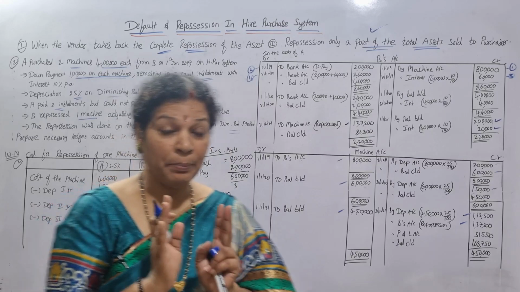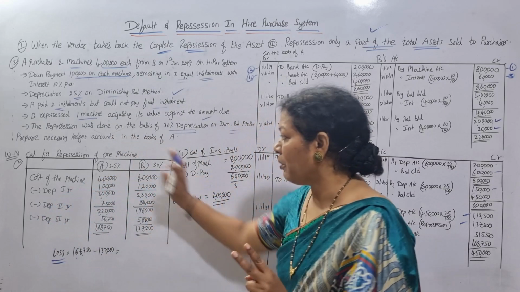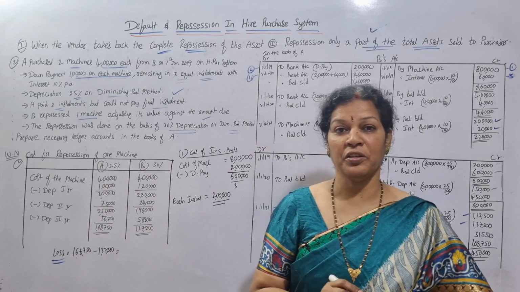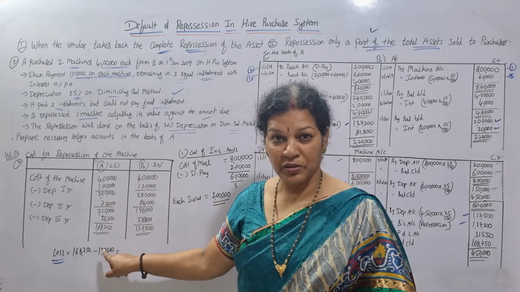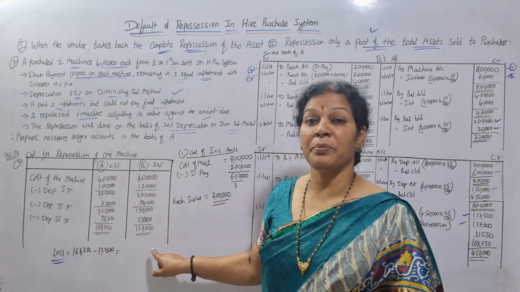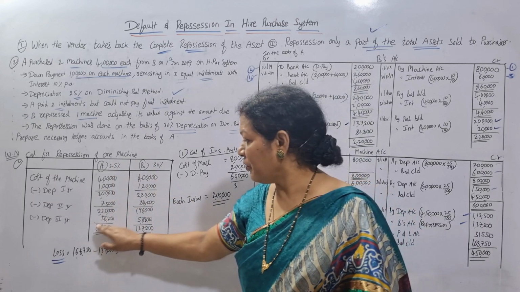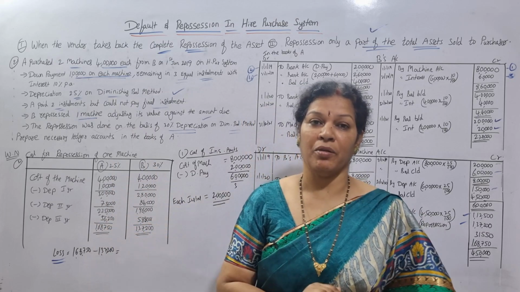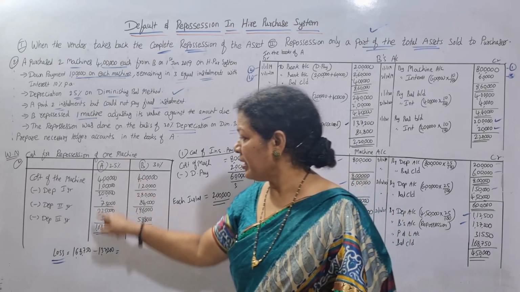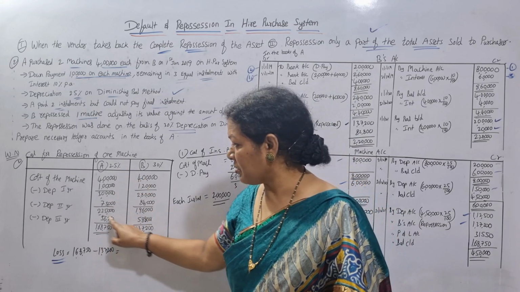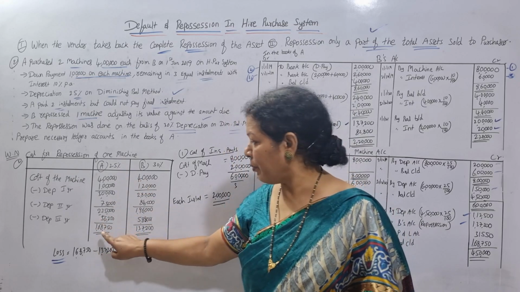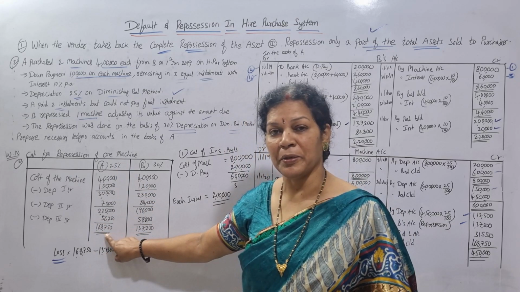Next important thing, please remember, we have already calculated the depreciation as per 25% of A and 30% of B. The difference between these two will be loss, because as per A's calculation, the asset value at the end of the third year will be 1,67,750.